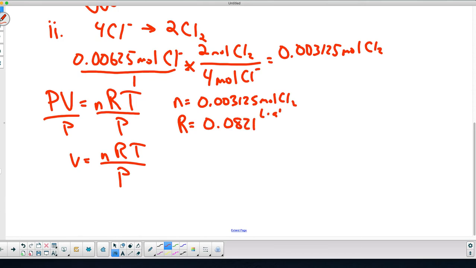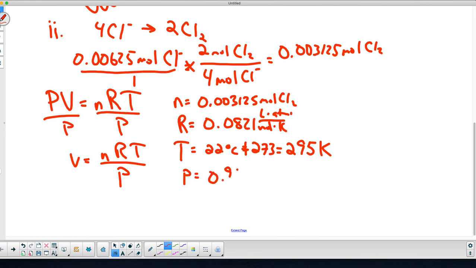That is liters atmospheres over mole Kelvin. There we go. Good. That's my R value. My T is 22 degrees Celsius, which equals, if I add that to 273, 295 Kelvin. And then my pressure is 0.95 atmospheres.